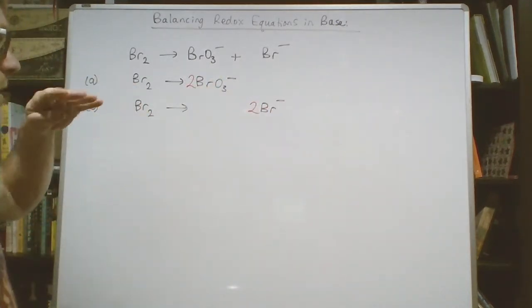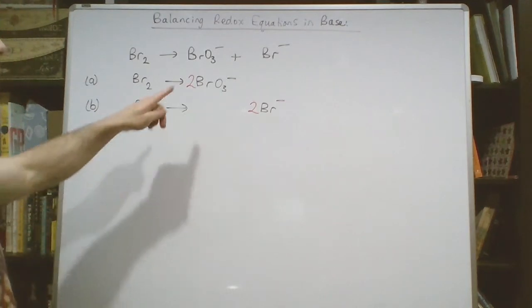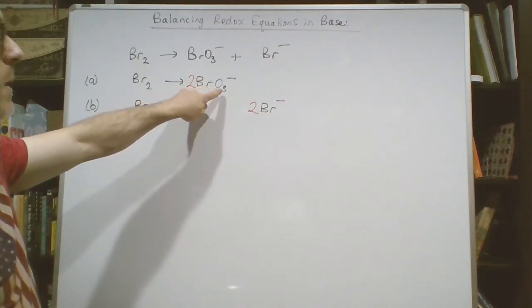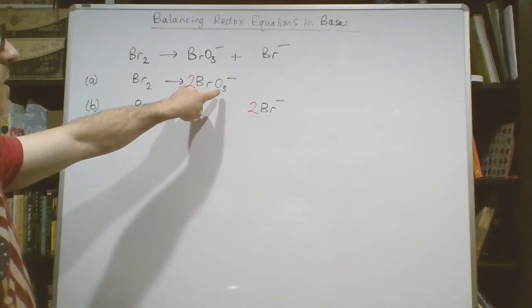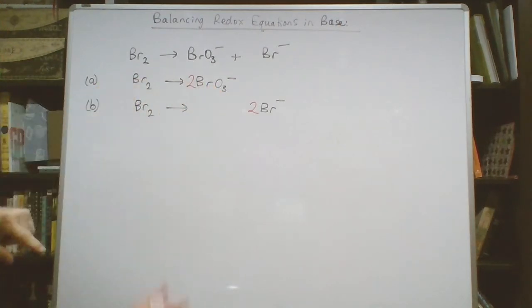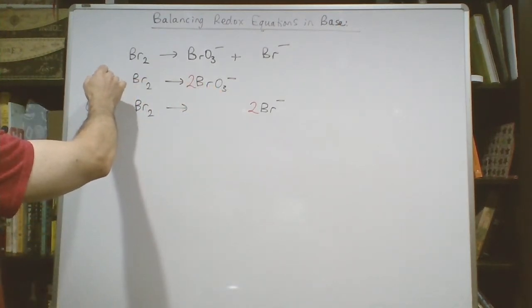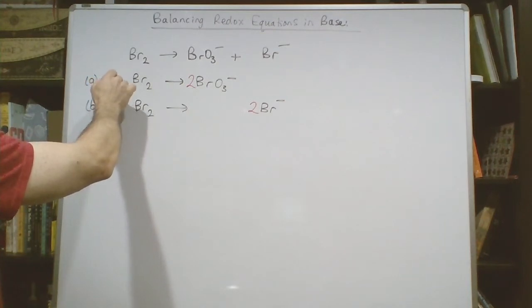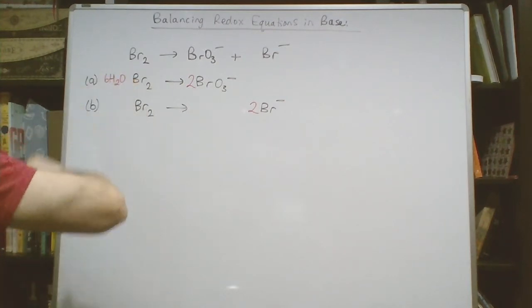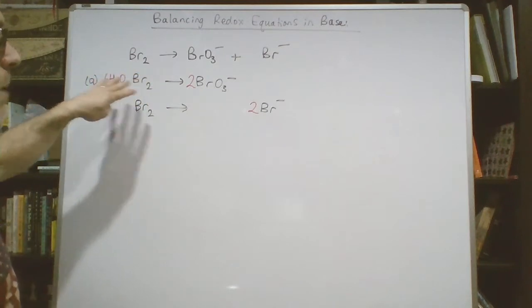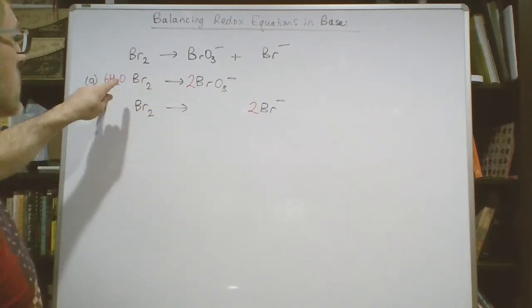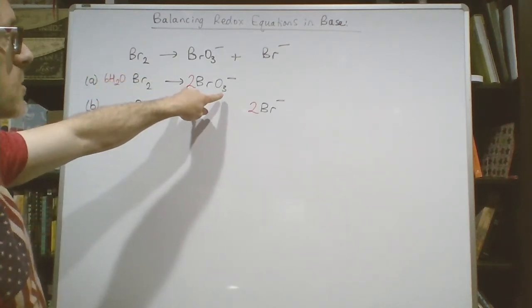Now I go in and look at the oxygens next. I've got 2 multiplied by 3, so I've got 6 oxygen. So I'm going to go in here and I'm going to write 6 water molecules, because I can only balance oxygen with a water molecule. So I've got 6 oxygen.